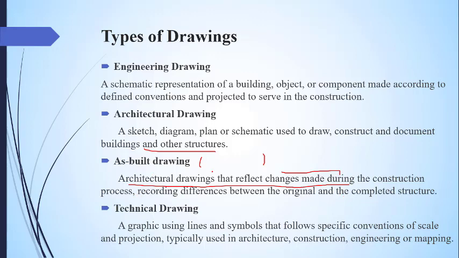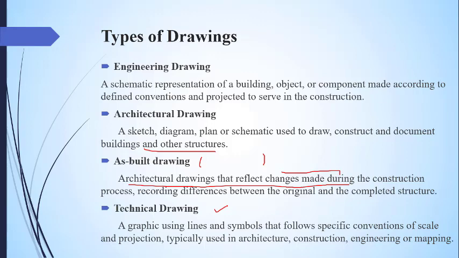The fourth one is technical drawing, a graphic using lines and symbols that follow specific conventions of scales and projection. It is typically used in architecture, construction, engineering, or mapping purposes. This is known as technical drawing.